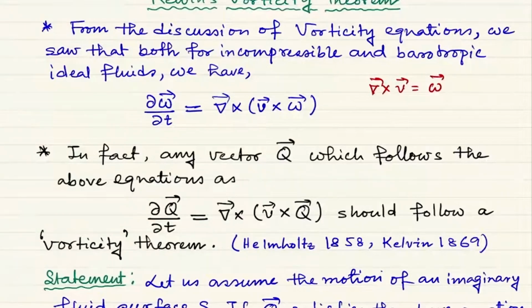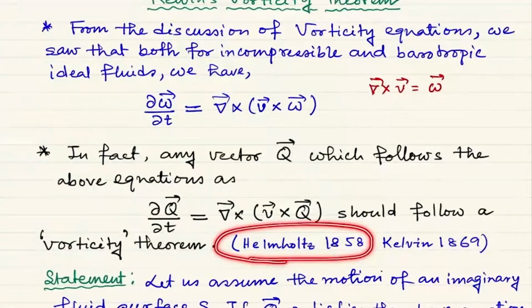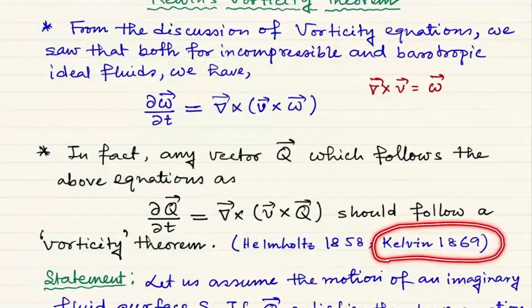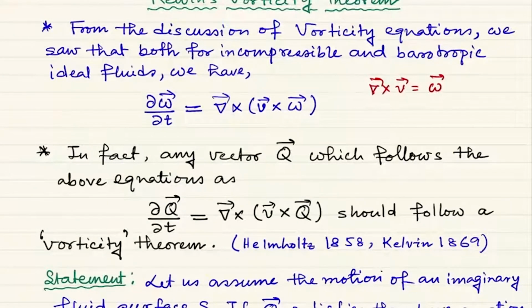So this theorem was for the first time discovered by Helmholtz in the year 1858, and then the current form of this was first worked out by Kelvin 11 years later. But somehow people now call this more popularly Kelvin's vorticity theorem. In some places you can also hear the name Kelvin-Helmholtz vorticity theorem.